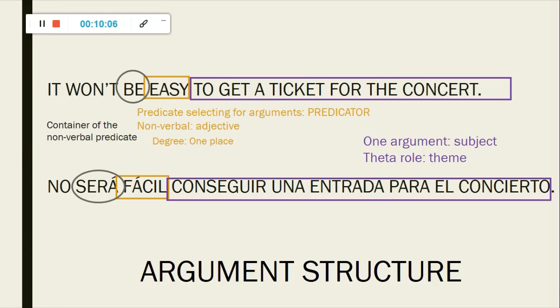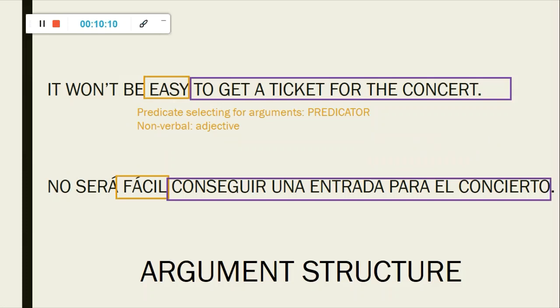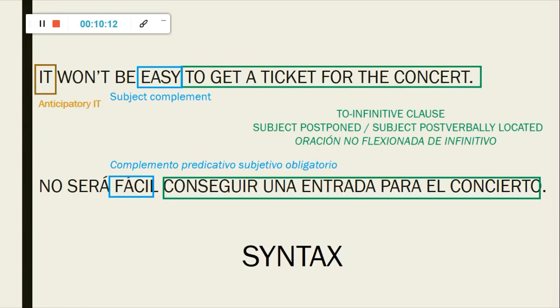The verb is acting as container. And in the case of syntax, we saw that in both languages we have the subject post-verbally located. The only difference then lies in the presence of the expletive in English.